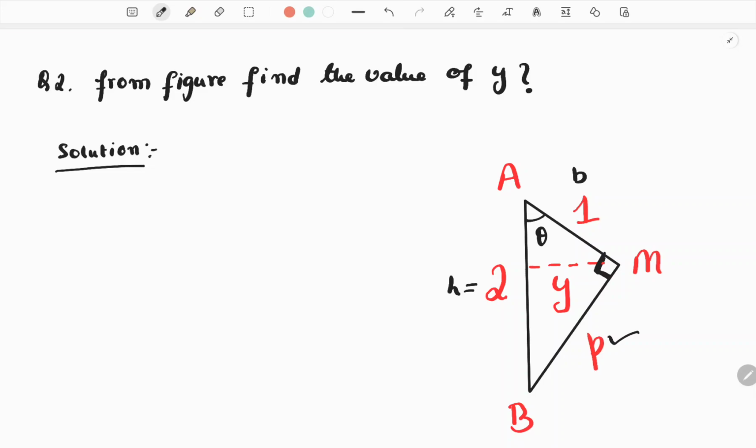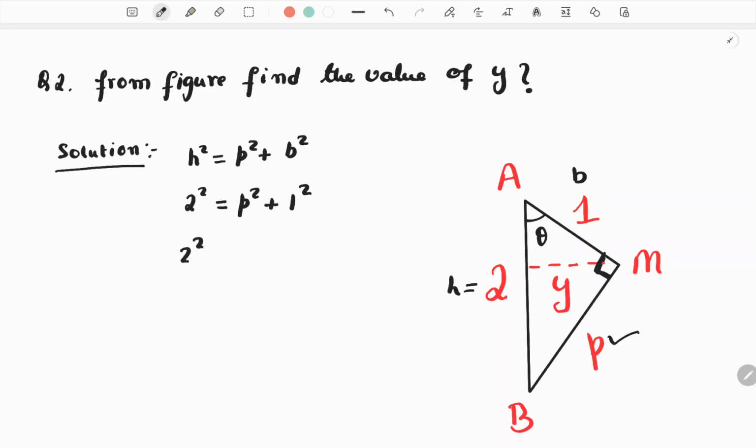So here, first of all, let us find out the value of P. We will use the formula H square is equal P square plus B square. Instead of H, I'll put 2, it becomes 2 square. Then P remains as it is, so P square. Instead of B, I'll put 1, so it becomes 1 square.